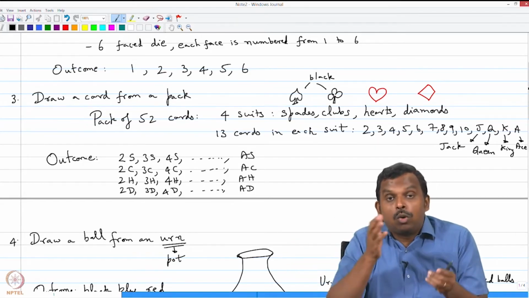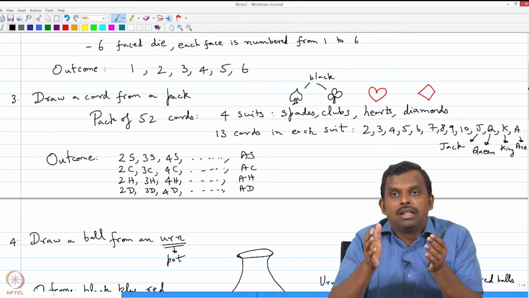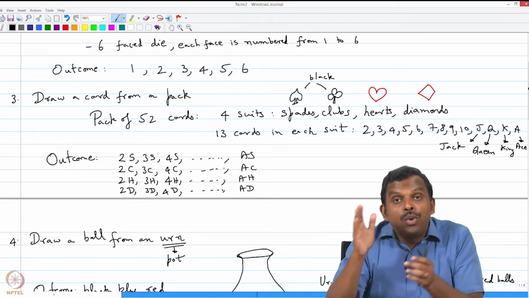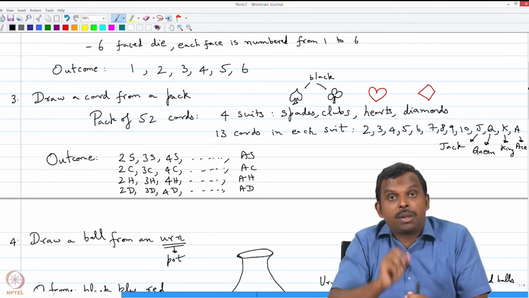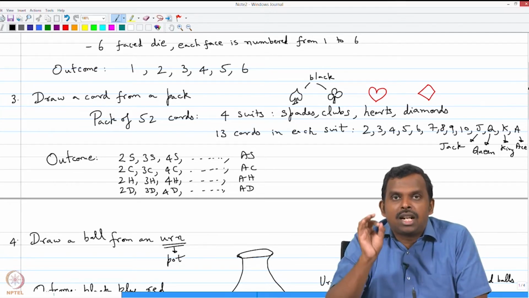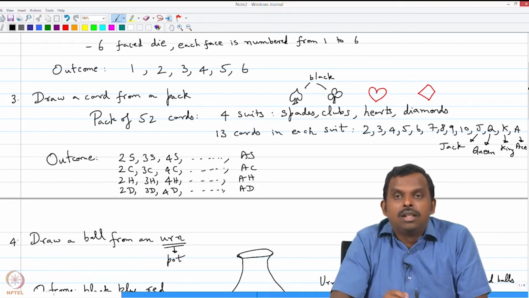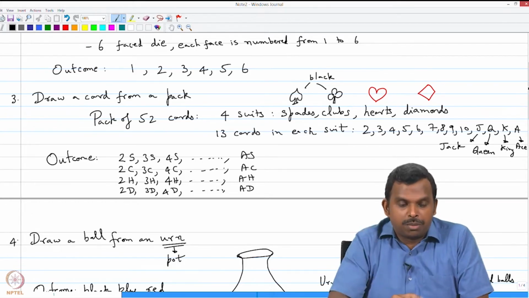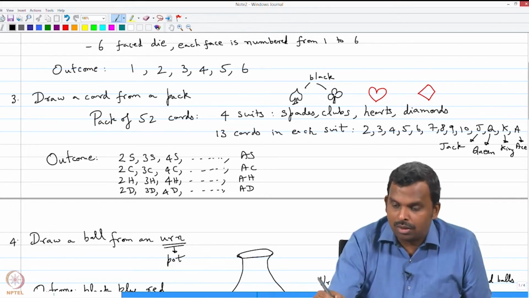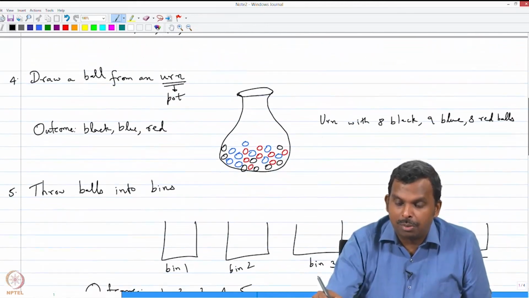So the outcomes and the nature of the outcomes differ based on how you do the experiment. When somebody describes the experiment to you, you have to pay a lot of attention and understand exactly what that experiment is. When they are drawing a card, are they drawing it with replacement or without replacement? That's critical when it comes to repeated drawing of cards.